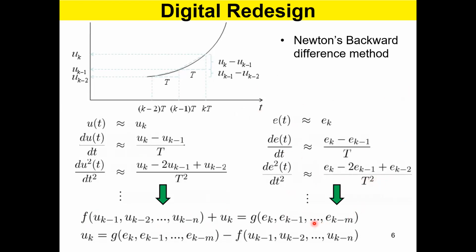They are discrete versions. You can actually figure out what uk is, that is the control signal at time k. So this is how it works in discrete controllers, or digital controllers.